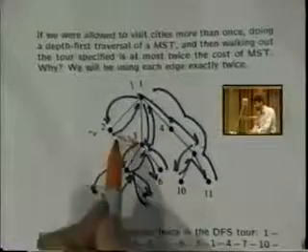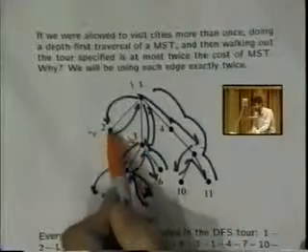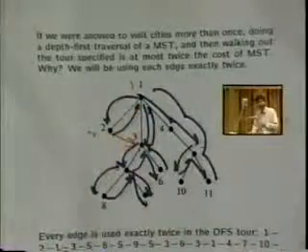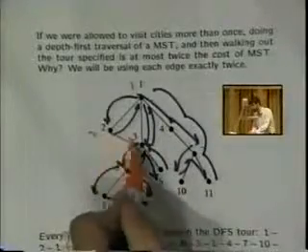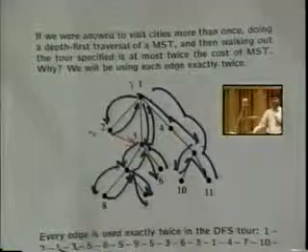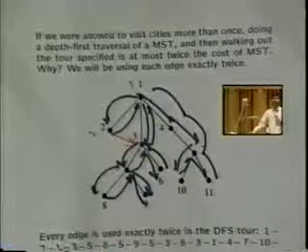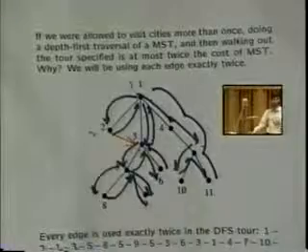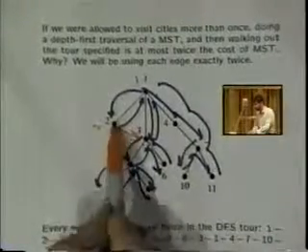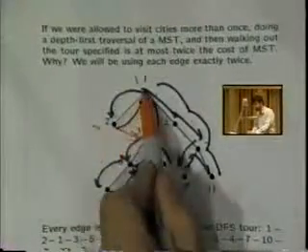Because if it is cheaper to go between here and here directly than it is to go through some intermediate point, then it's clear that taking these shortcuts can't increase the cost of the tour. This is exactly the triangle inequality. The distance from here to here is less than that of going through some intermediate vertex.